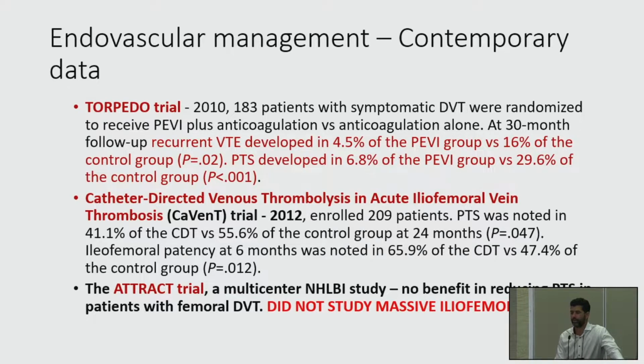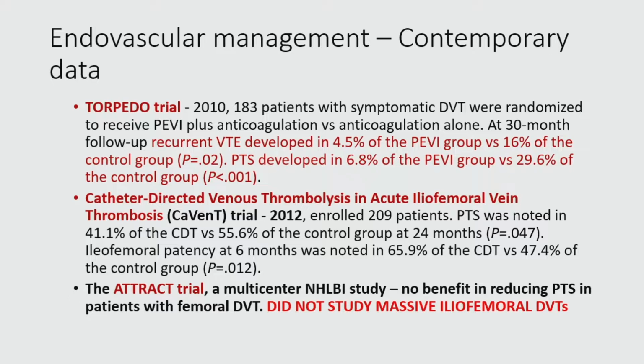There have been 3 major studies. 2 of them noted benefits in post-thrombotic syndrome, these patients that have chronic venous claudication, venous hypertension, and associated symptoms. And 1 larger trial, the ATTRACT trial, which did not do a specific subgroup analysis of these patients, did not show any benefit. But a lot of people question the results of that trial.